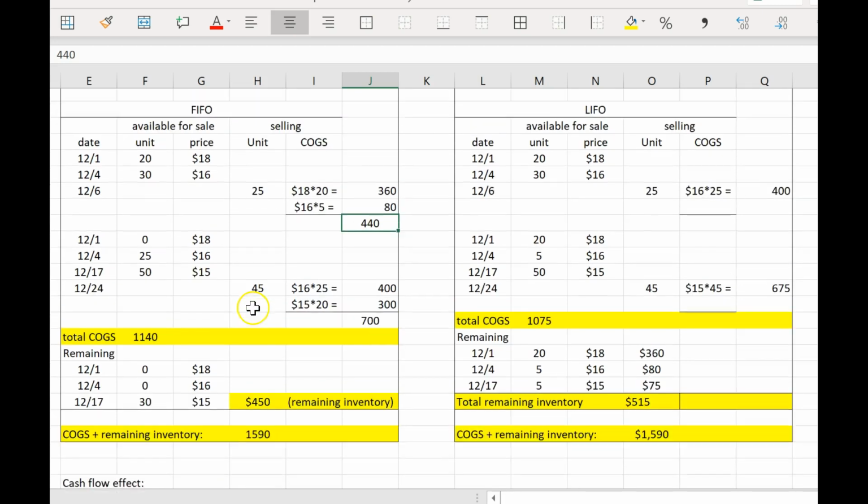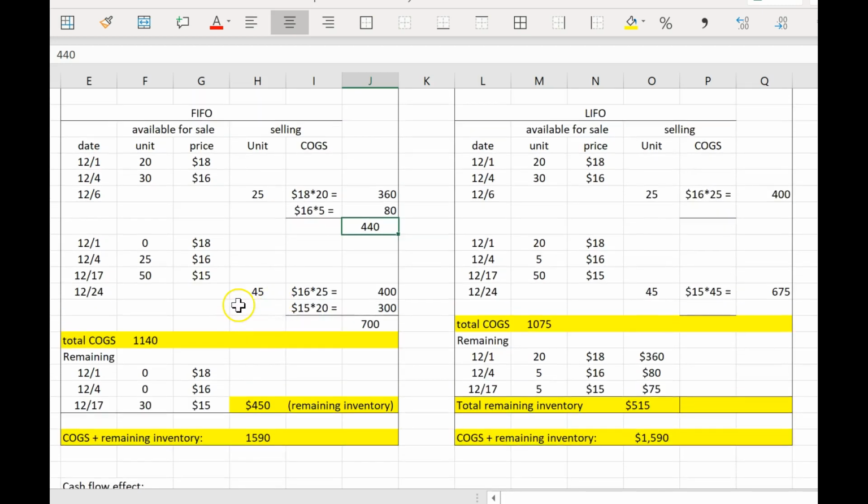On December the 17th, we are selling 45 units, which we can take from the historical inventory purchases, right? We cannot take it from the December 1st pile because it's already gone. We can take 25 units from here because it remains 25 units.